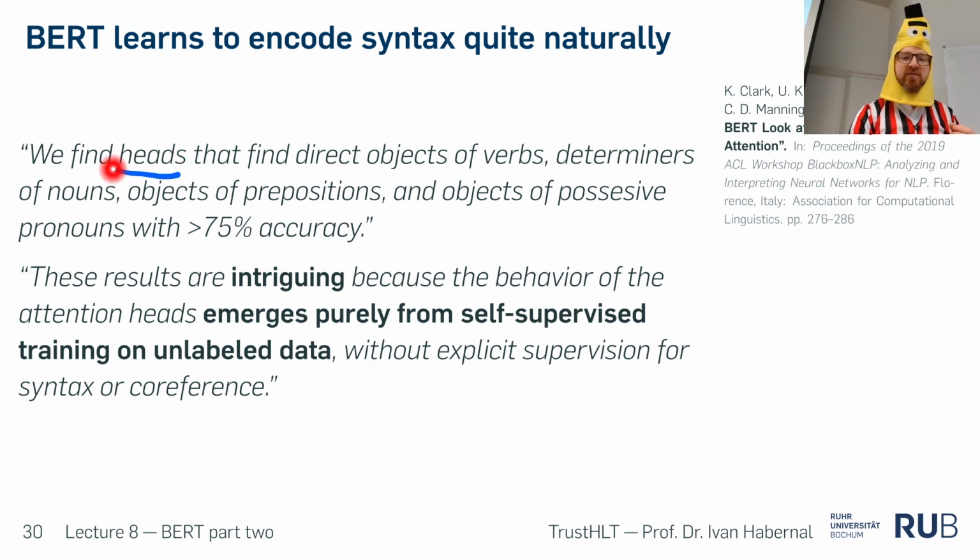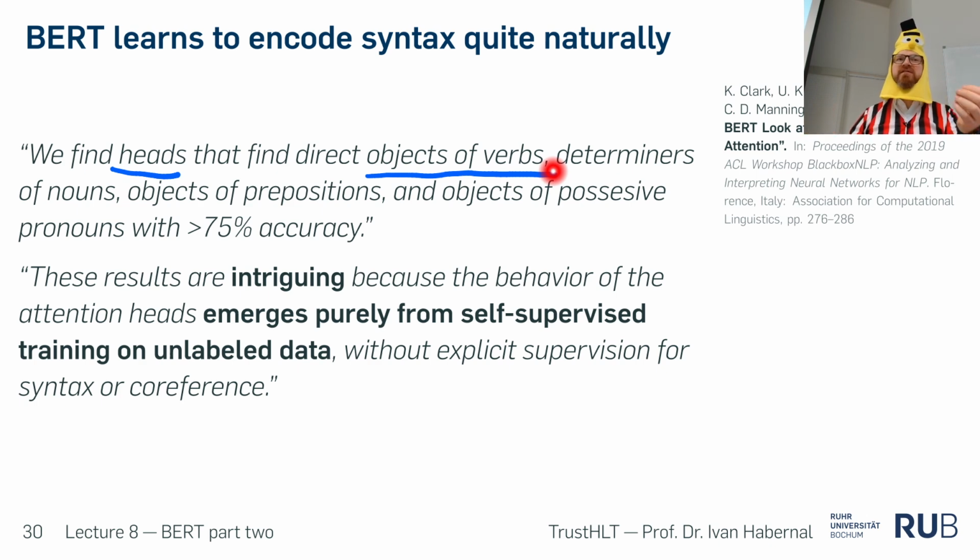These attention heads, the strength of association, find objects of verbs. What does it mean? Take "I took the pen." The pen is the object of "took," and "took" and "pen" have a very strong association in the attention, which makes linguistic sense, because the verb and its object are related; you should take the context into account.